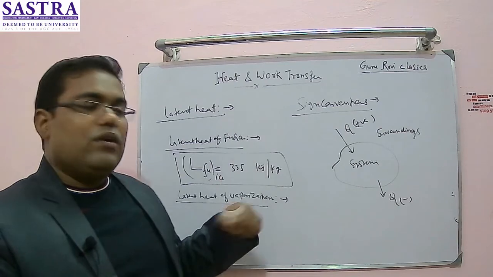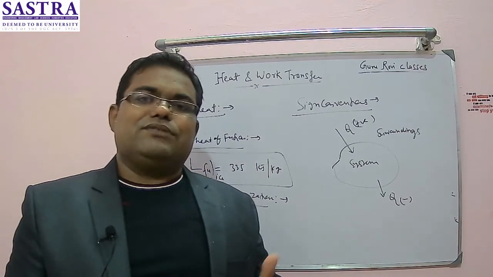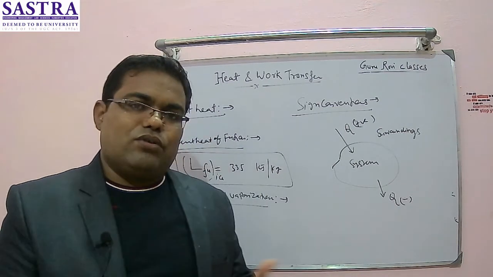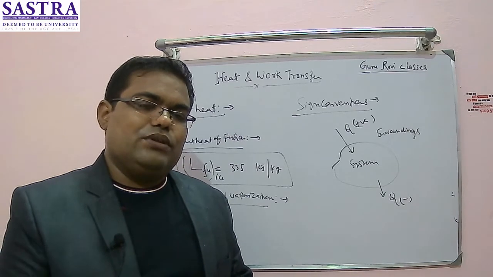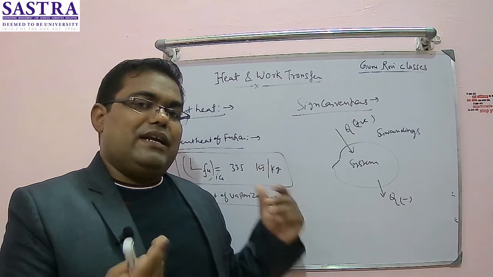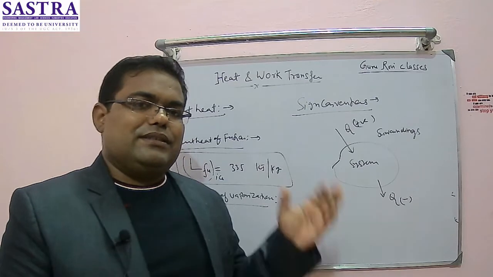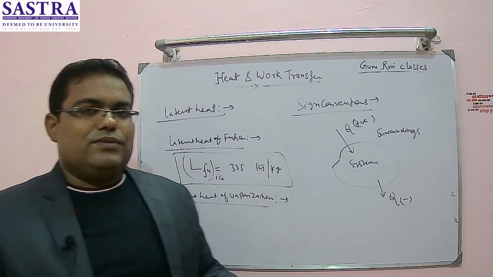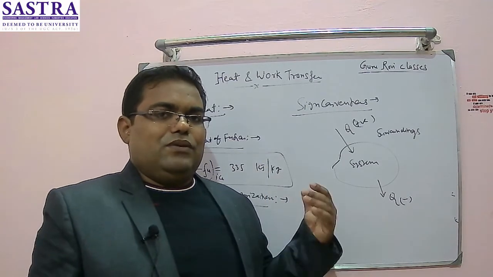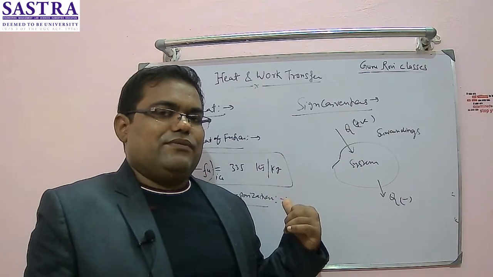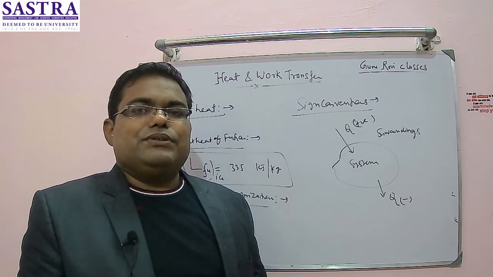When we are talking about fusion, that means it is a phase change from liquid to solid, the amount of heat required to make that phase change. When you define latent heat of melting, it is the amount of heat transfer liberated when transferring from solid to liquid.